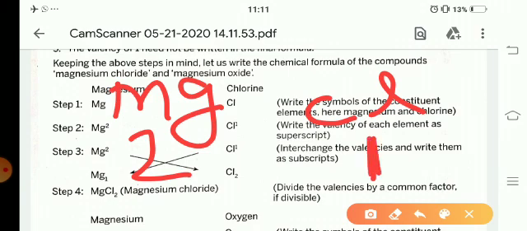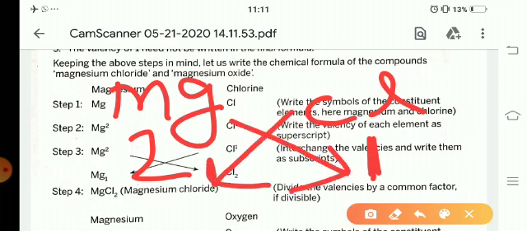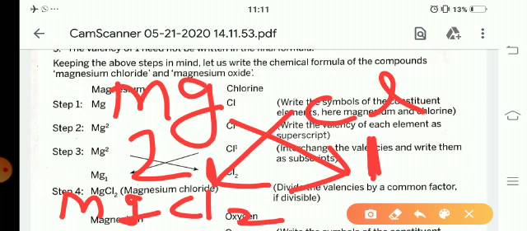Next step, we interchange the valencies of these elements, giving Mg1Cl2. Then our formula is formed: MgCl2.